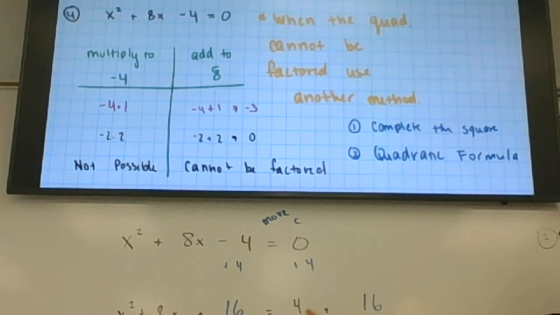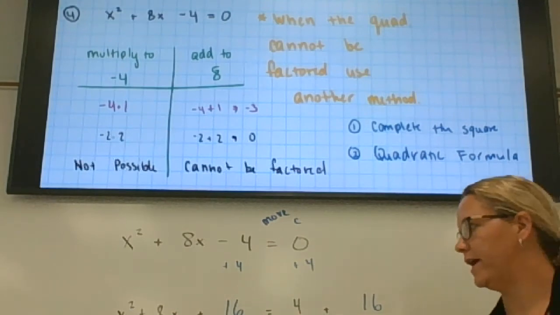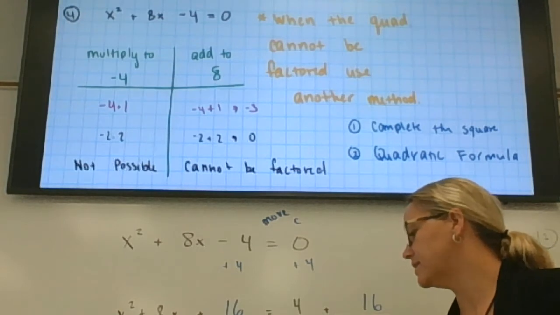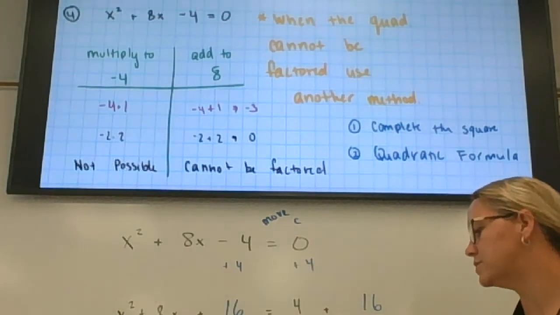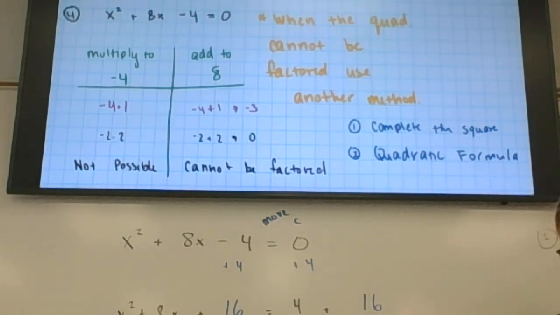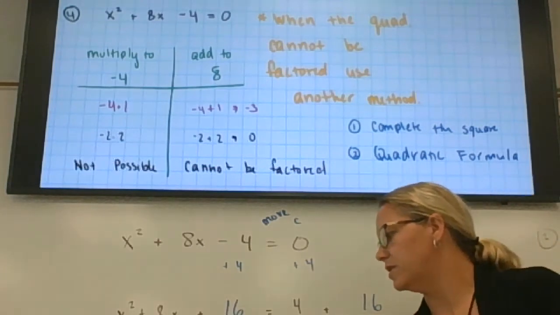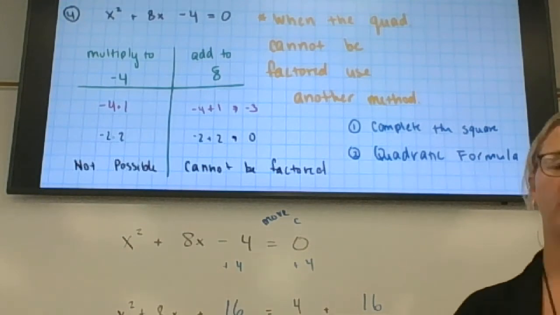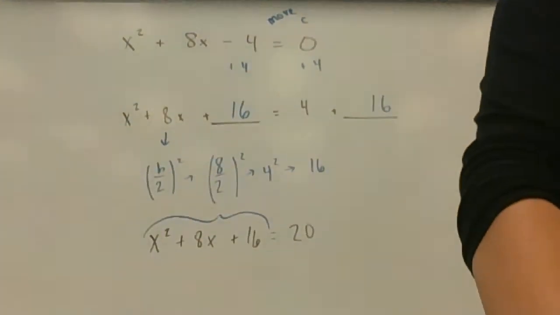So I'm going to put a 16, which is going to work better for my problem, on both sides. Now I'll rewrite it. My new equation is x squared plus 8x plus 16 equals 20.